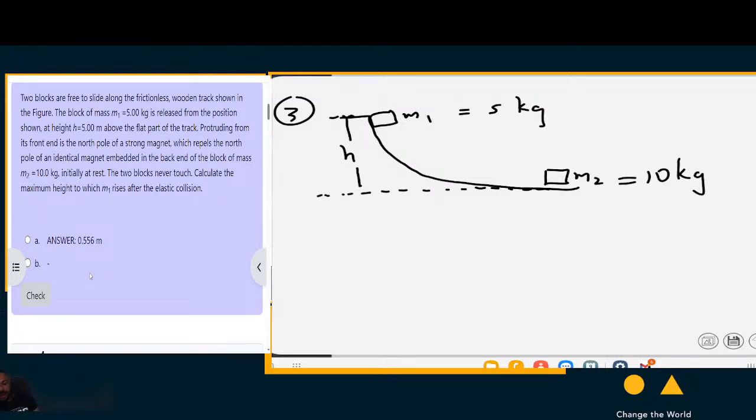Okay, so they never touch due to the strong magnets. M1 bounces back and goes back up the frictionless surface, and then they ask us how far does it rise upwards. So this is of course to calculate the maximum height to which M1 rises after the elastic collision.